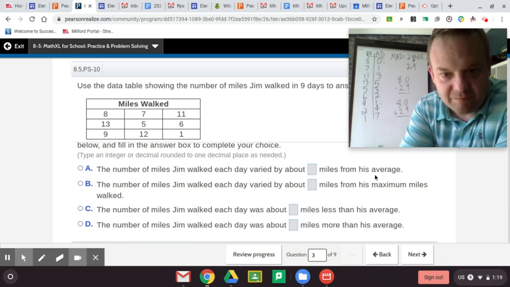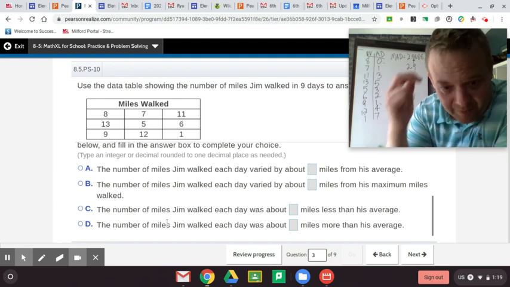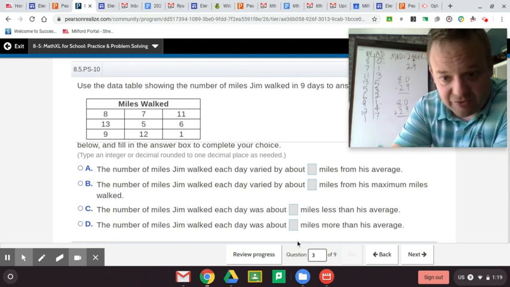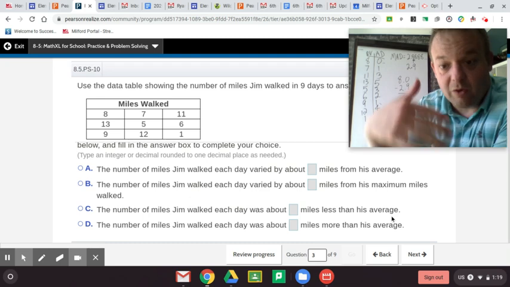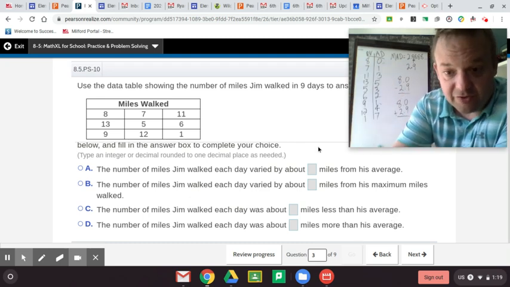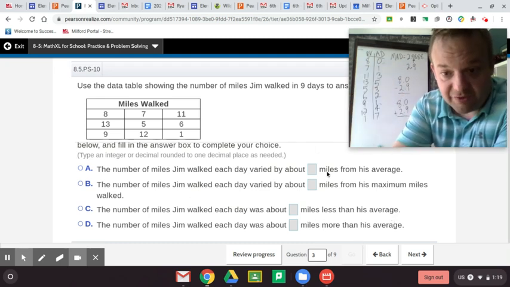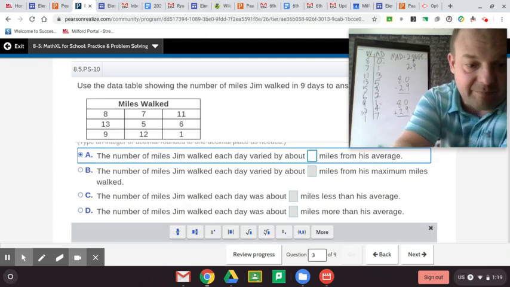That one could be it. The number of miles Jim walked each day varied by about 2.9 from the maximum miles. No. The number of miles Jim walked each day was about 2.9 less than his average or more than his average. So it's varied about 2.9 plus or minus away from his average.